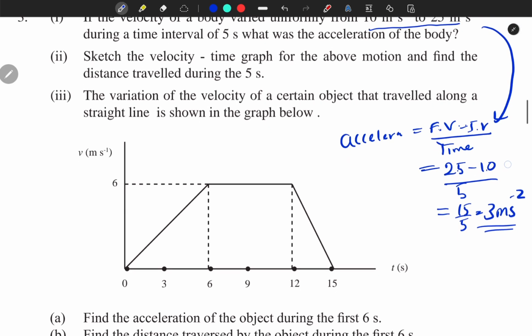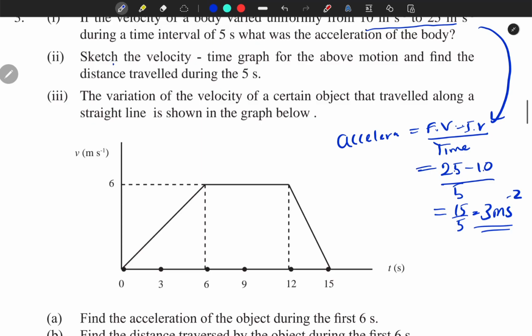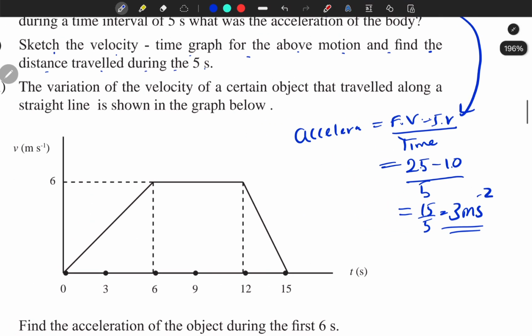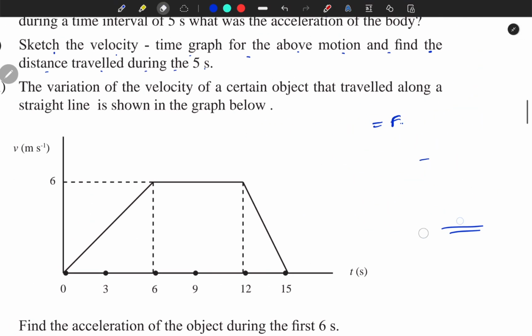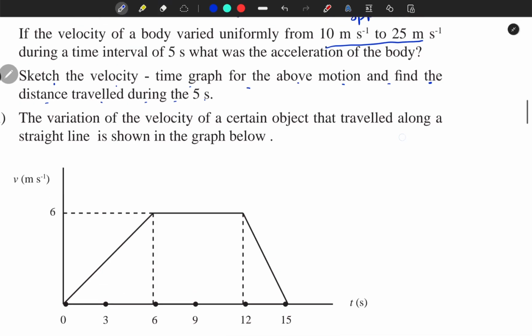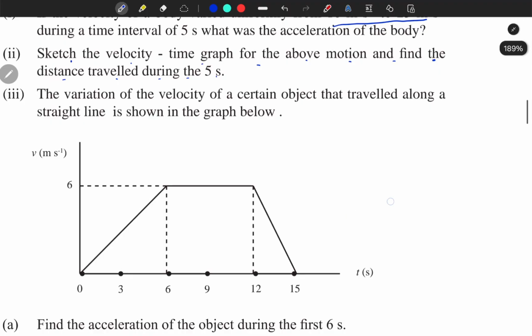That is the acceleration. They are asking to sketch the velocity time graph for the above mentioned motion and find the distance traveled during the 5 seconds. Let me erase this part because of the space problem. So this is a graph, right?